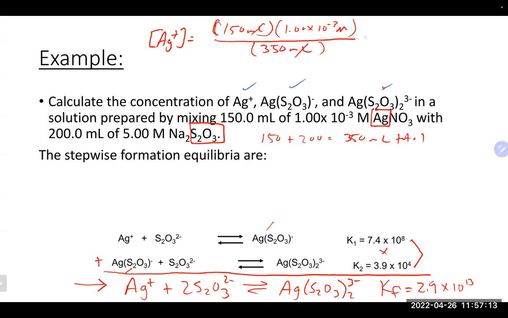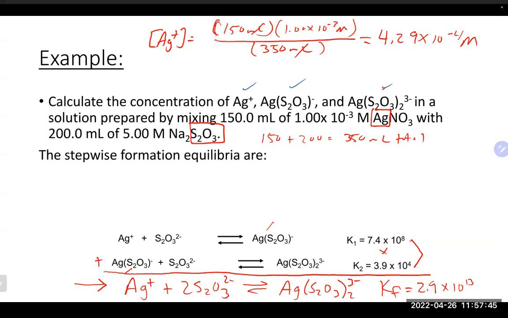The milliliters will cancel and that'll leave us the molarity. For our silver here, 150 times 1 times 10 to the minus 3, divided by 350, gives us something like 4.29 times 10 to the minus 4 molar as our opening concentration for the silver when we mix it together.